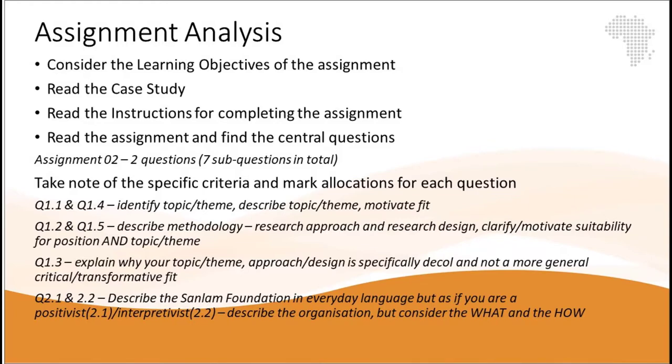Now, question 1.3 asks you another kind of question. It is to explain why your topic and theme or the approach or the design is specifically decol and not suitable for a more general, like the Euro-Western critical or transformational position. So here you have a bit of freedom.